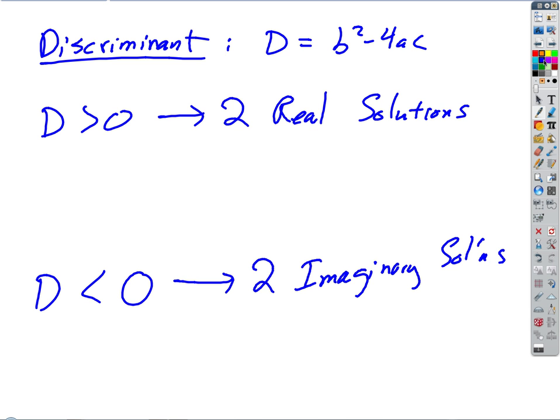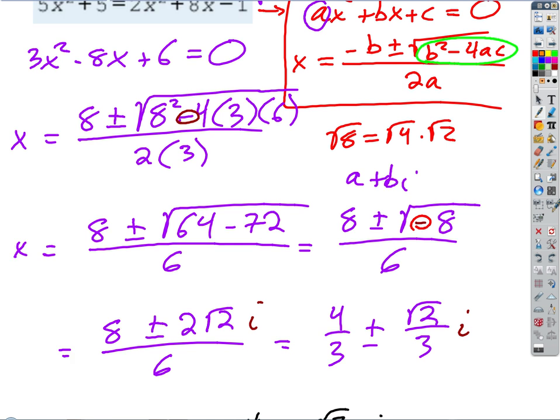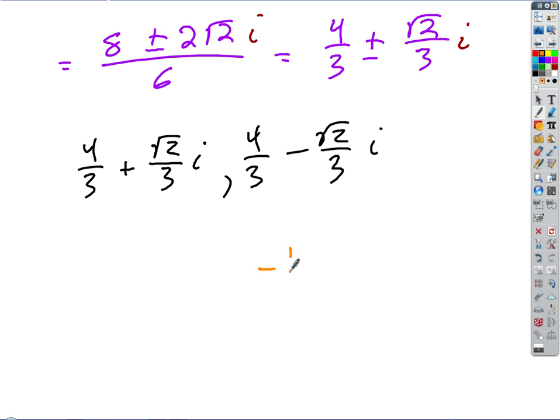Okay, what about the in-between case? What if the discriminant happened to be exactly equal to 0? Let's look at the quadratic formula for a second. If b squared minus 4ac is 0, I'm taking the square root of 0, right? What is the square root of 0? 0. So then my answer would look like negative b plus or minus 0, all over 2a.